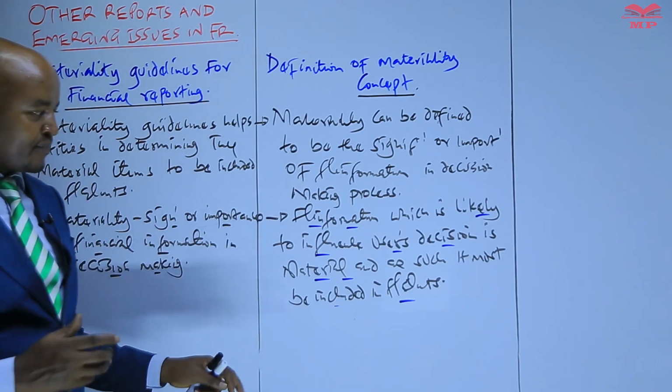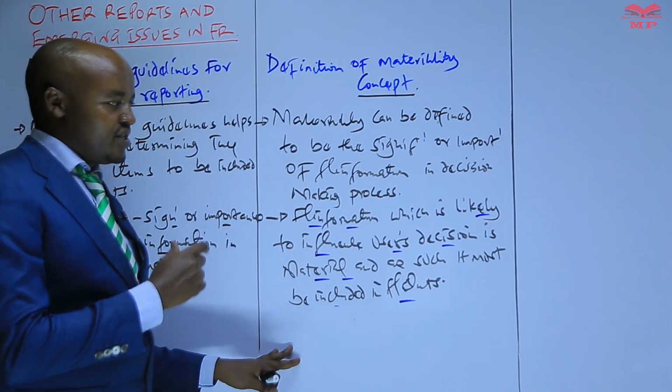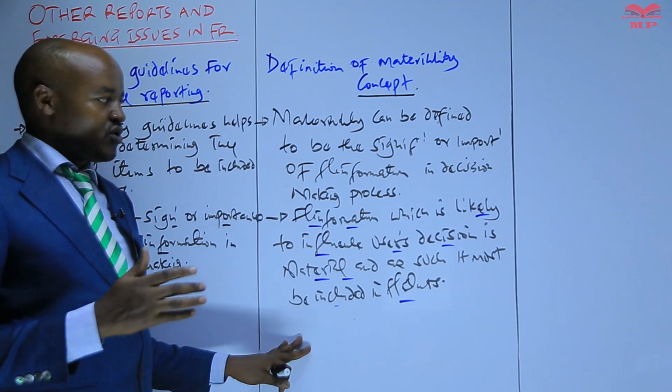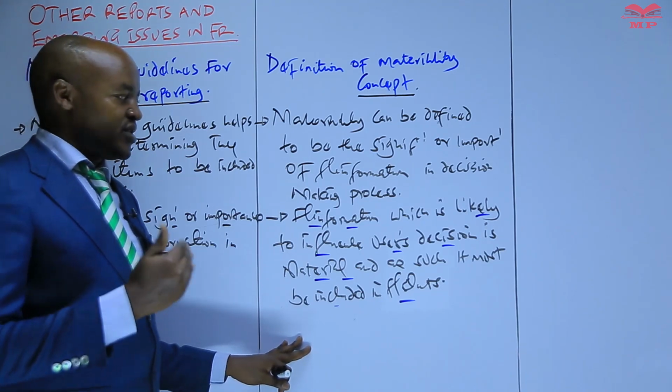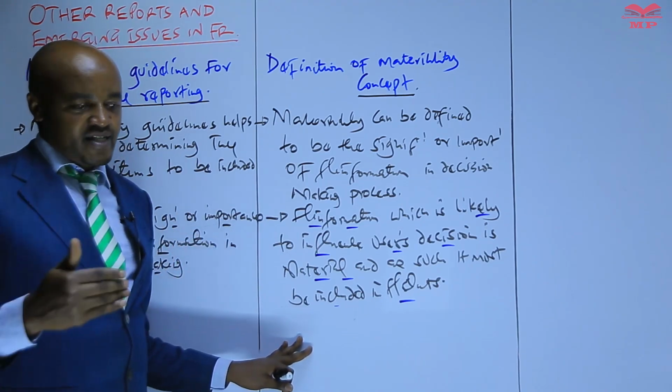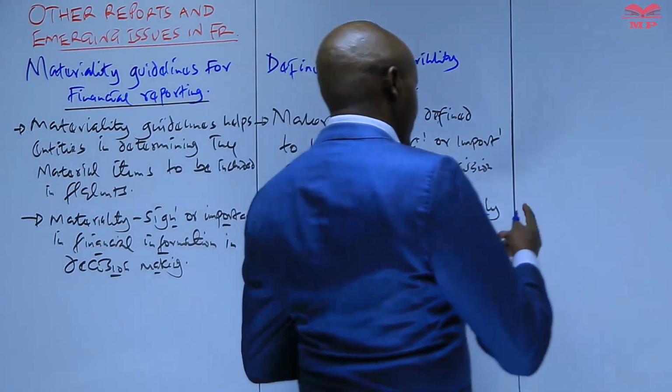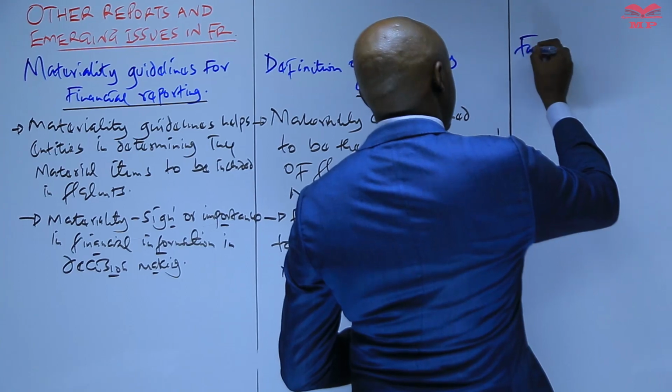Now, a number of factors determine whether an item is material or not. In determining whether financial information is material, a number of factors may determine that. So we can look at the factors influencing materiality.